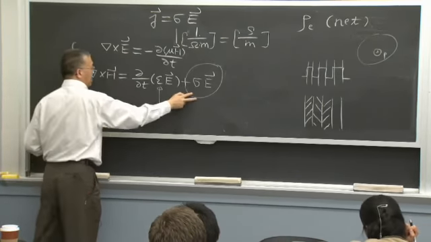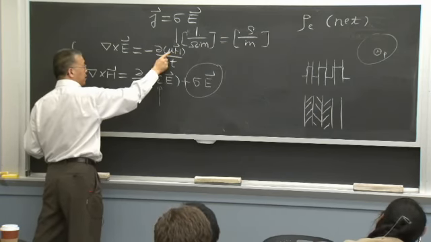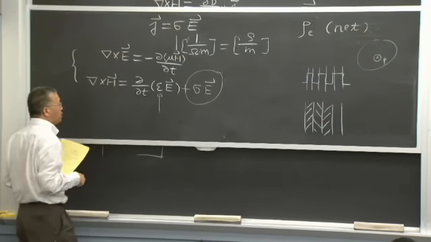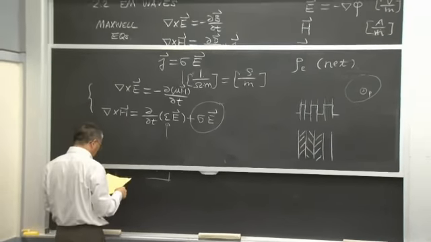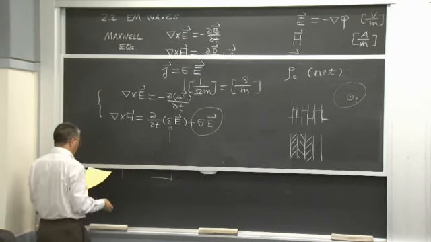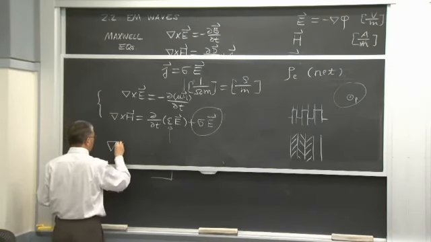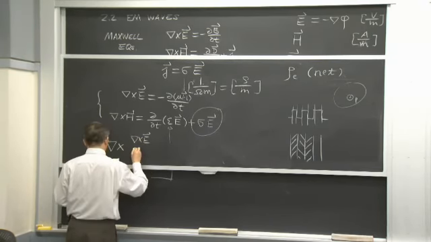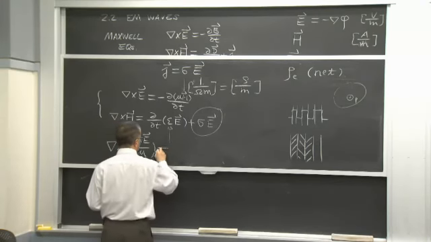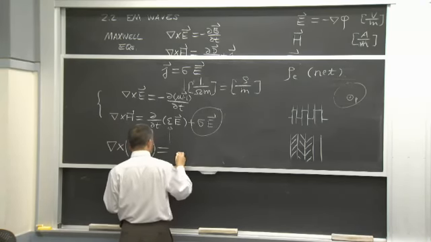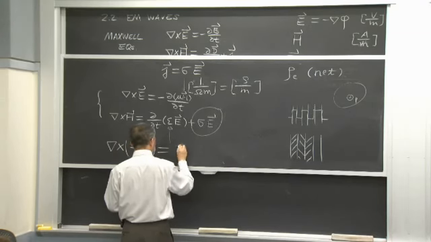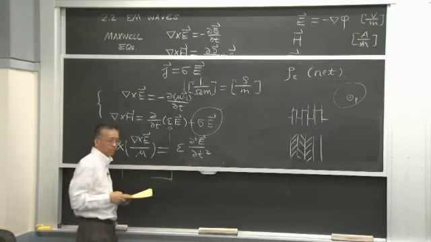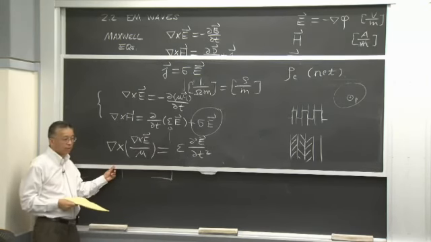I have two equations. I drop this. I'm going to say mu and epsilon are constant. And I can eliminate H. So if I eliminate H, I have del cross E over mu, and here I have epsilon. I start to get a wave equation. Okay?